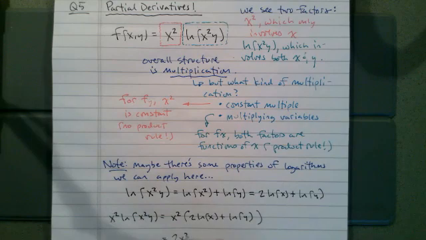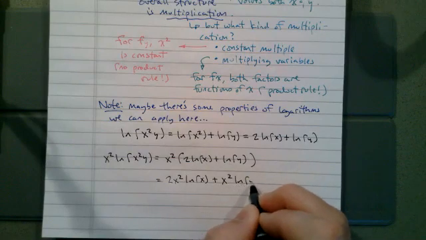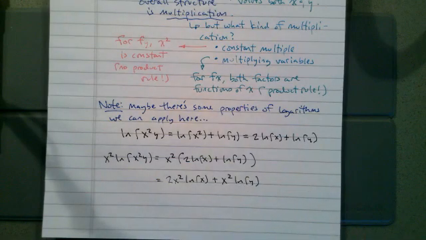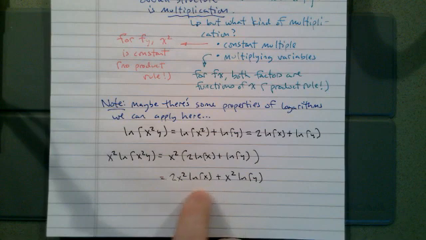It's 2x squared natural log of x plus x squared times the natural log of y. Now we can really see some stuff. For f_y, here's a bunch of stuff that's going to just drop out because there's no y over here. We only care about this.